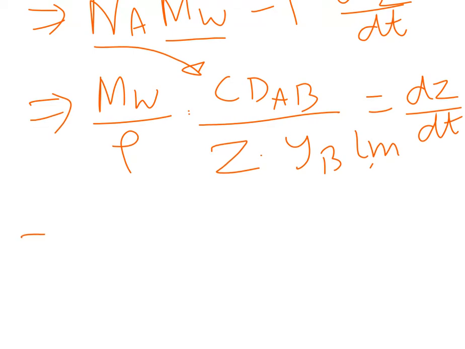So now we do separation of variables. dt equals, rho is constant, okay, wait, not MW, rho.